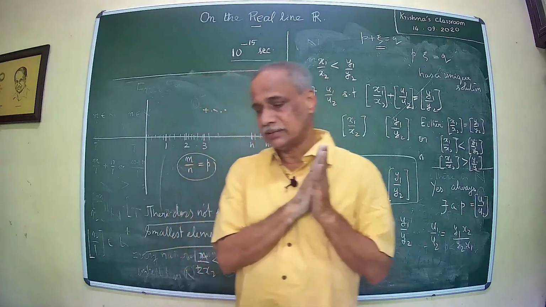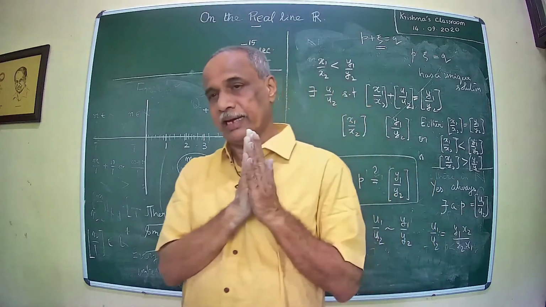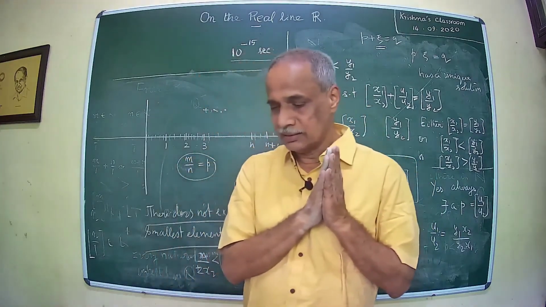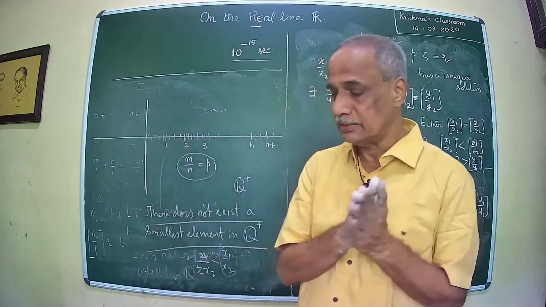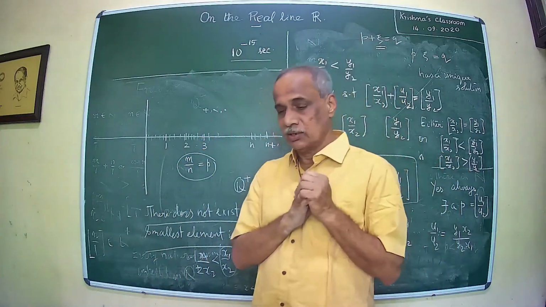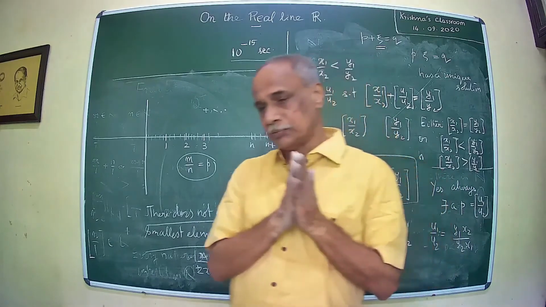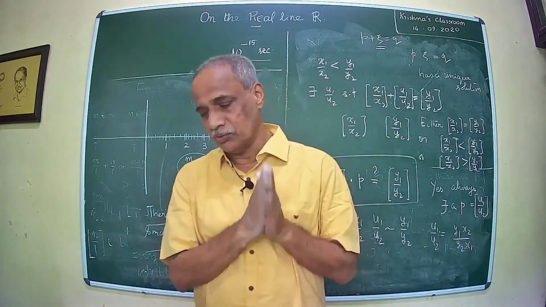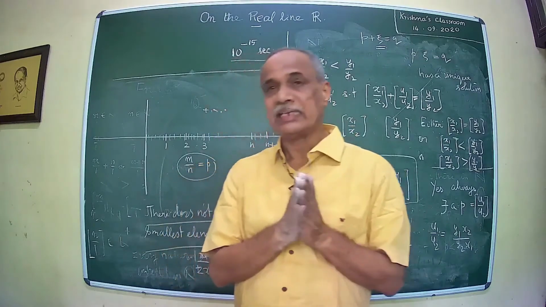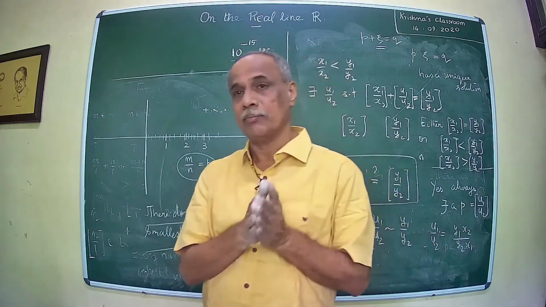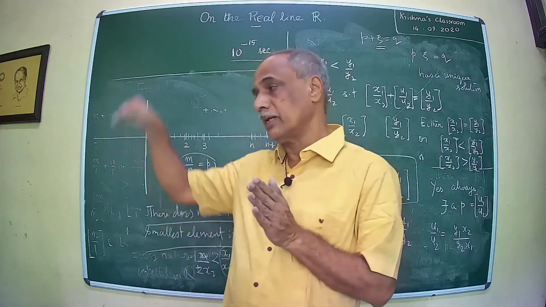Now there is a concept of nextness in N. This is essentially a discrete structure. Given any non-empty subset of N, there exists a unique smallest number. N has no largest number because if n is there, n plus 1 is there.